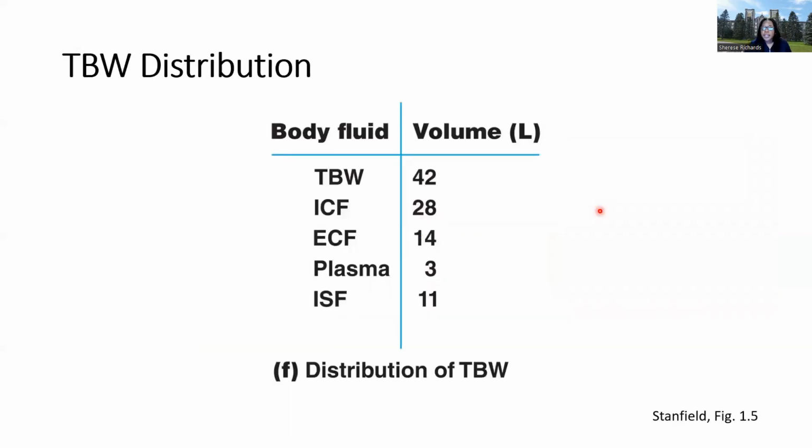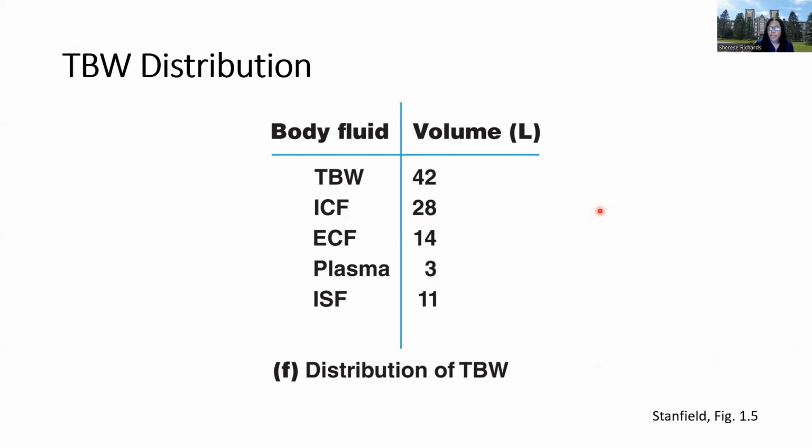Now, this is the distribution chart as far as how much volume is contained within each of these fluid compartments. And I don't necessarily need you to remember or memorize these values, but what's more important is the trend or the overall proportions that we see. So total body water is 42 liters roughly, and these values are for a regular healthy male, right?